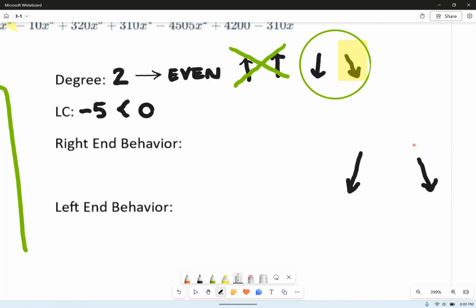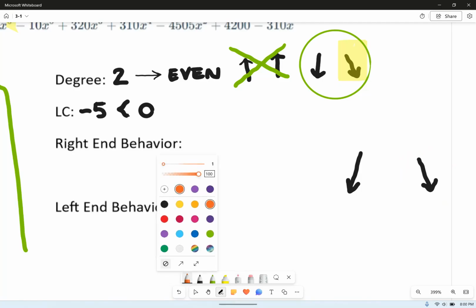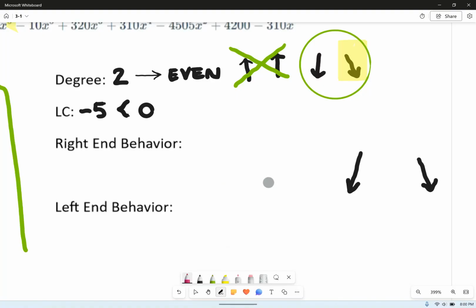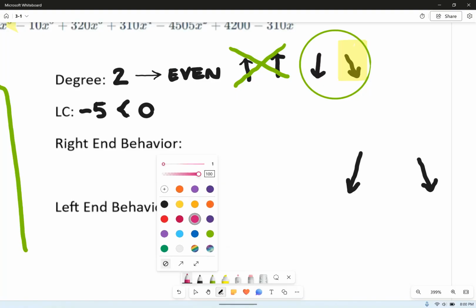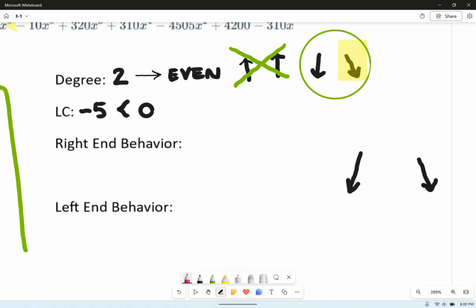So what I need you to understand is that these graphs actually have more than one dimension that it's moving at, okay? So look here. Okay, so let's start with this left arrow, okay?